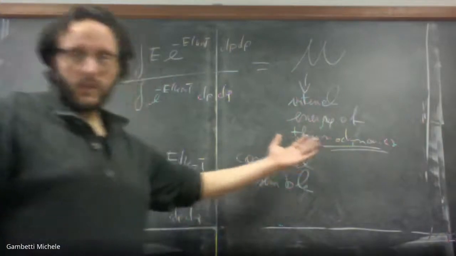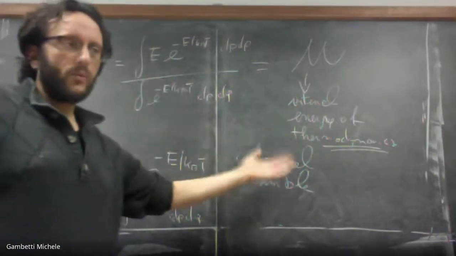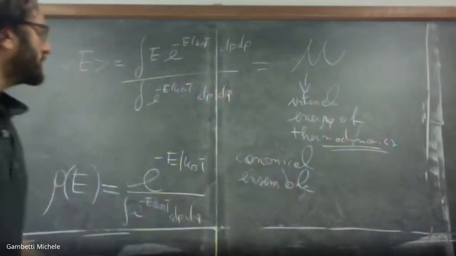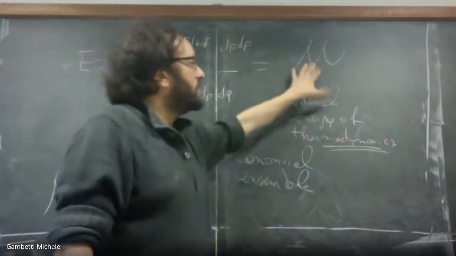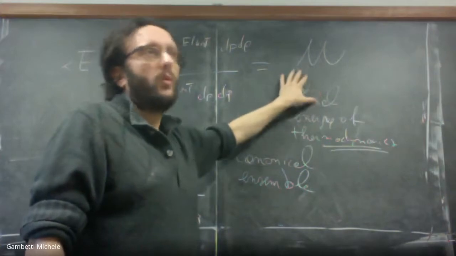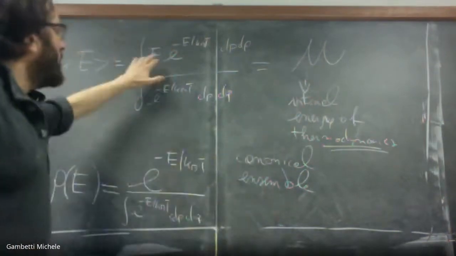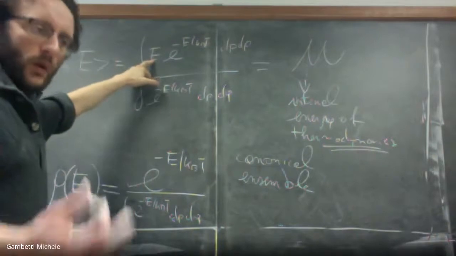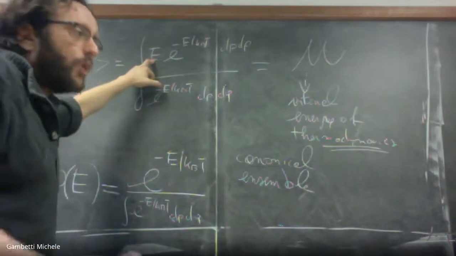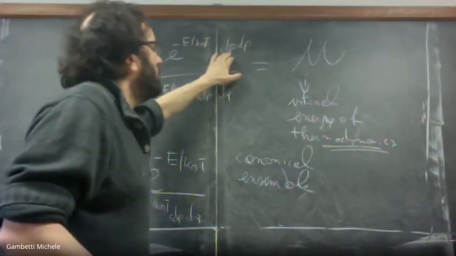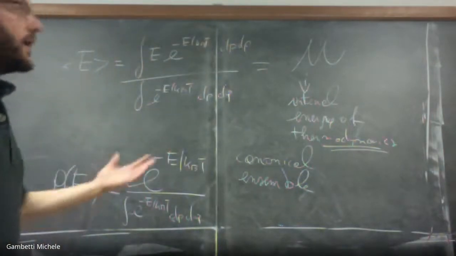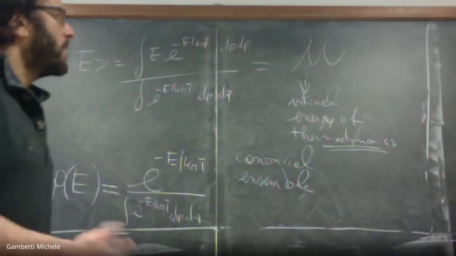Okay. Now, of course, this is different. In the microcanonical ensemble, there is no difference between energy and internal energy, but here there is a difference in the sense that the internal energy is a thermodynamical quantity that depends on volume, temperature, number of particles, and so on and so forth. Whereas the energy is the microphysical quantity that depends on the microphysical coordinates, which means the momenta and the position of the particles, at least in this case, or it can depend on the states of my quantum system.